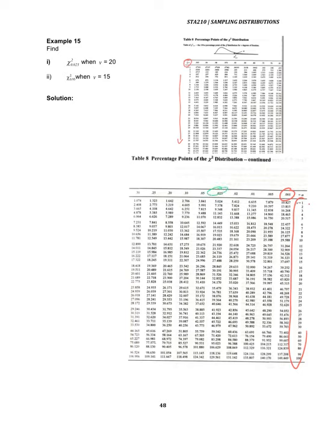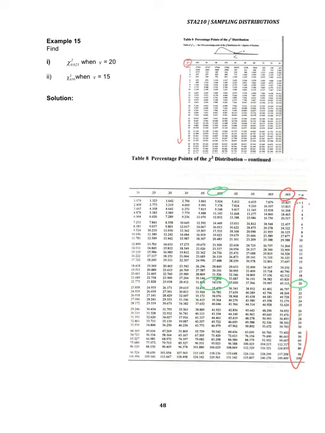Then you look at the value of V, which is given as 20. So 20 is here. Chi-square 0.025 with V equal to 20 refers to this value, 34.17.